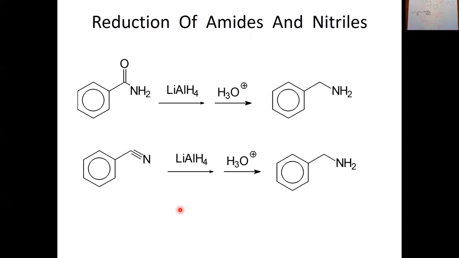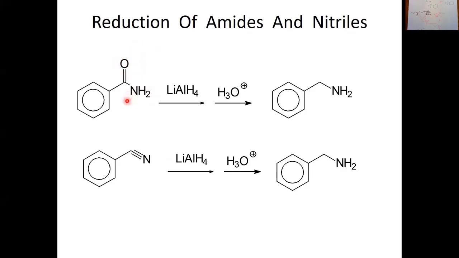But the top reaction of an amide works similarly to the carboxylic acid. There's an acidic hydrogen here, so it deprotonates first, does some stuff kind of like that carboxylic acid. Aluminum ends up hooked up with the oxygen up here, and then that aluminum and oxygen goes away.